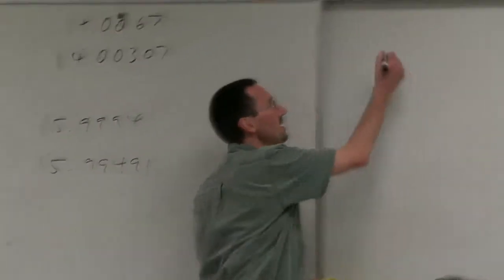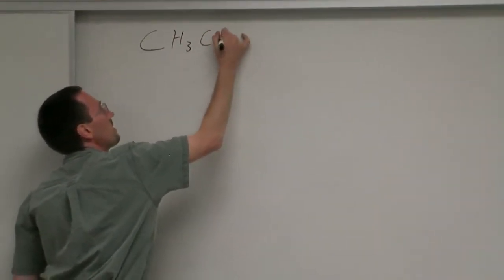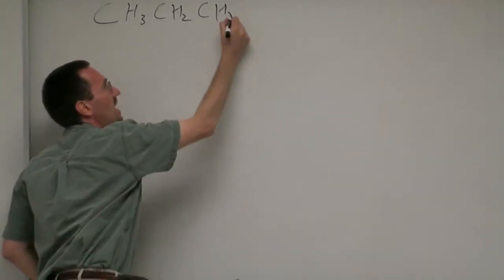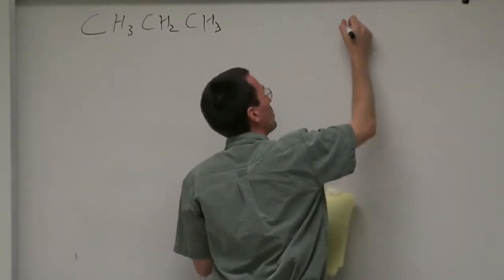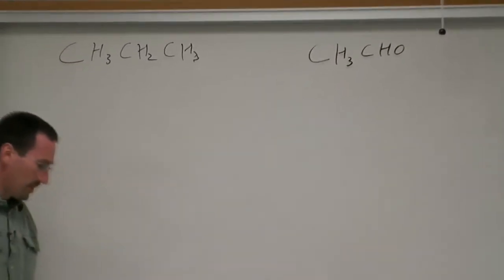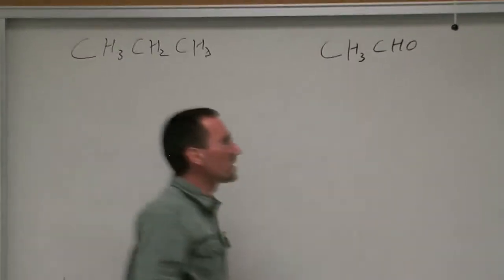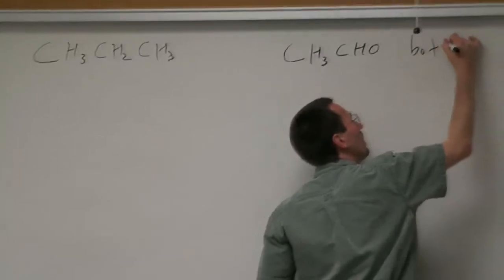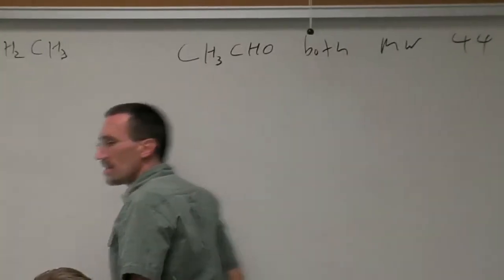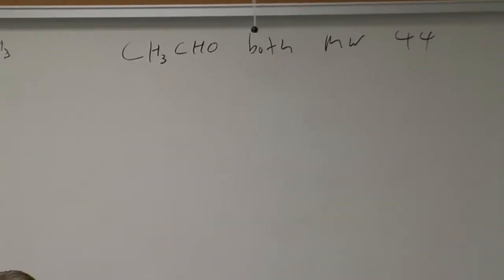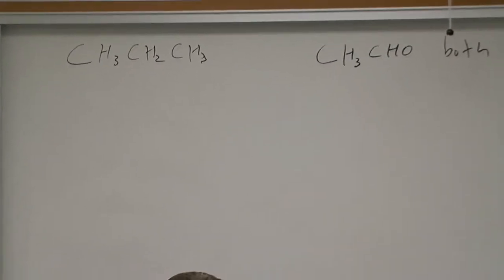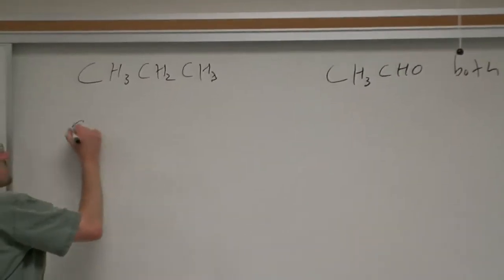We'll take propane, CH3CH2CH3, and acetaldehyde, CH3CHO. They both have a nominal molecular weight of 44. But with a high-resolution mass spectrometer, you can tell these molecules apart and more. So let's take a look.